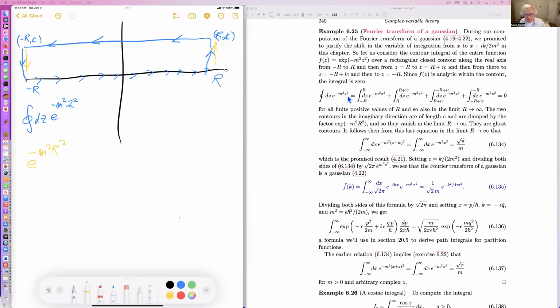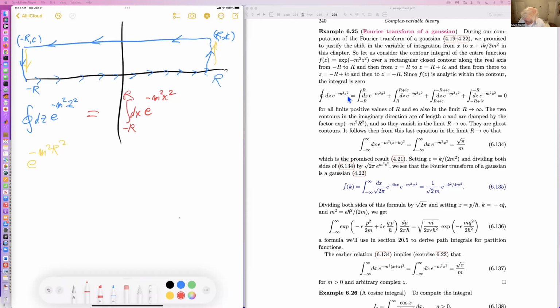So these two vanish, and what one has then is that this is in fact equal to just the integral from minus r to r dx e to the minus m squared x squared.